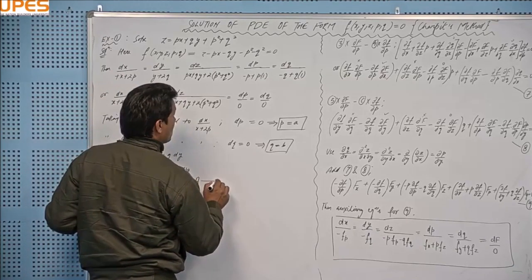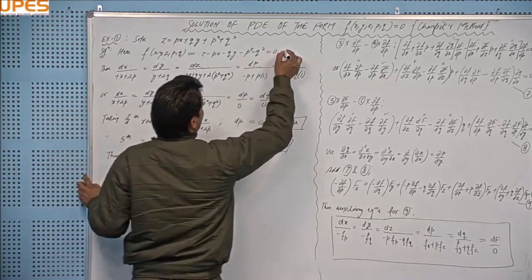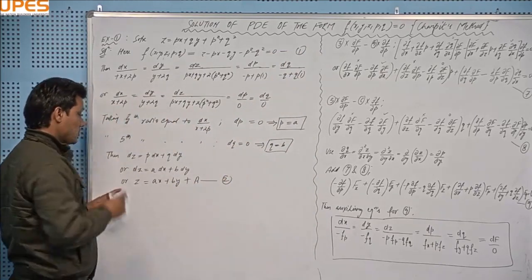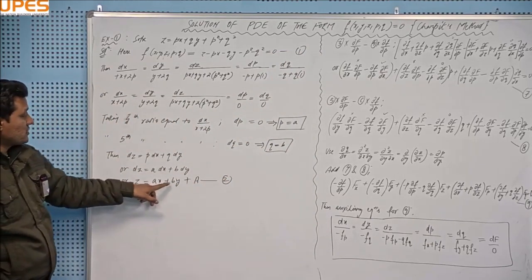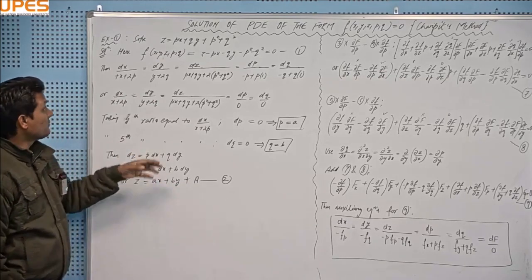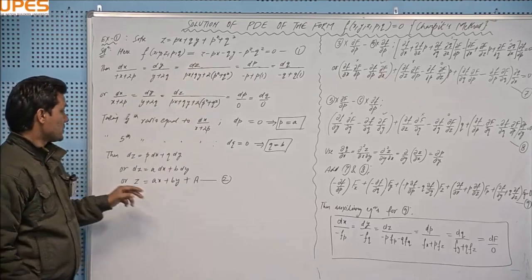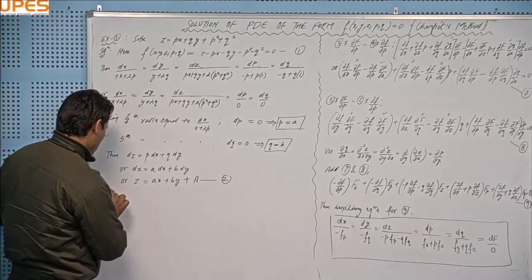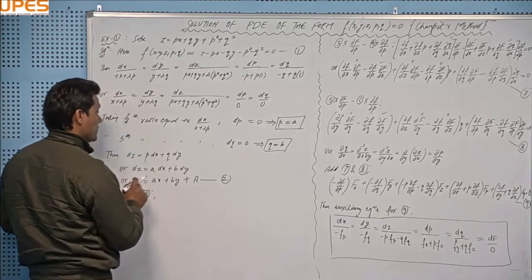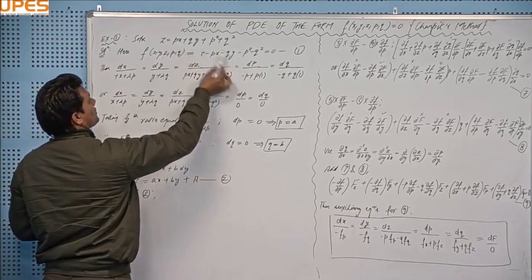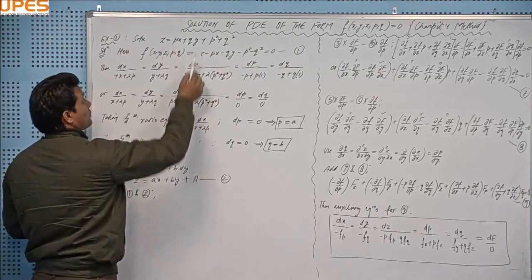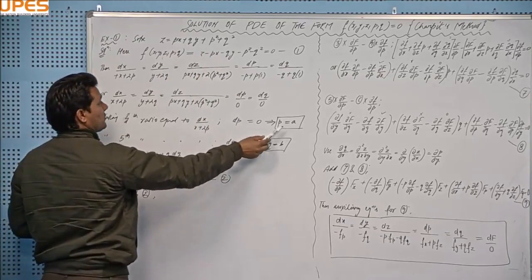Let this be equation 1 and this be 2, right? And this is also the value of z, but it contains 3 arbitrary constants, and I can remove one constant by equating the second and first, because this is also z and this is also z. If I compare the first and second, then I will get a equal to p and b equal to q, that are verified here, right?